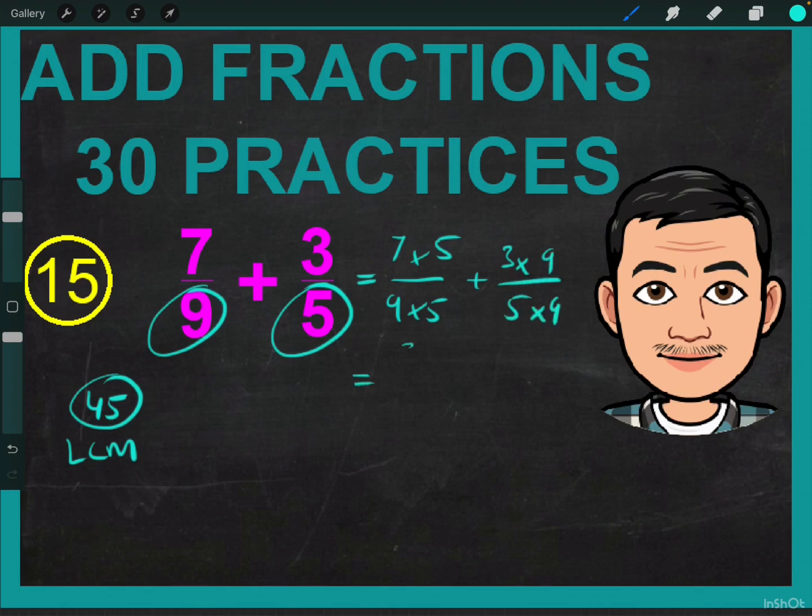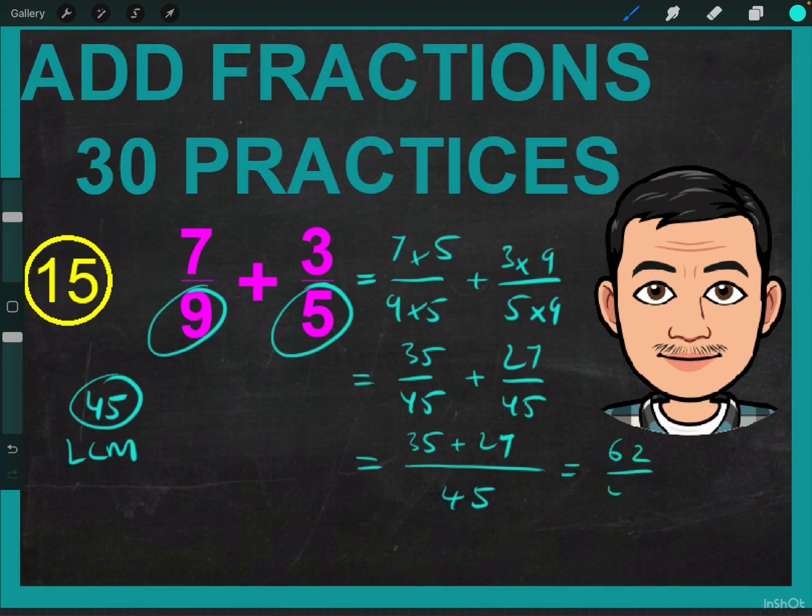So we got 35 over 45 plus 27 over 45. Now we got both fractions with the same denominator, so we just add 35 and 27. So we got 62 over 45 as the answer.